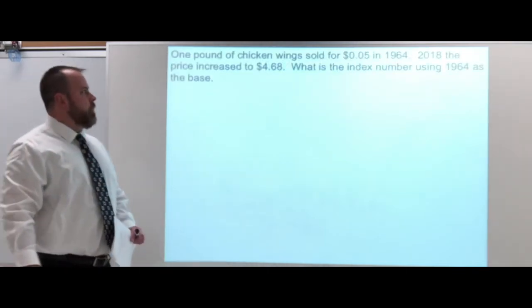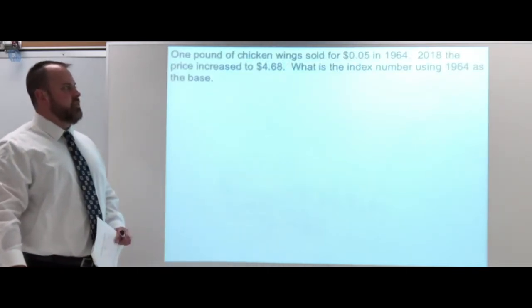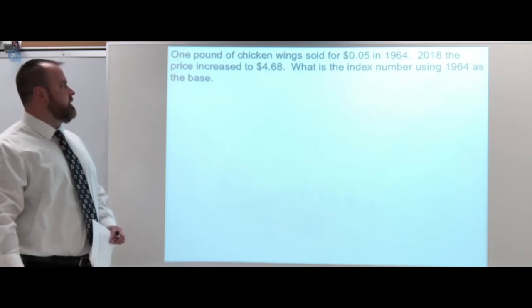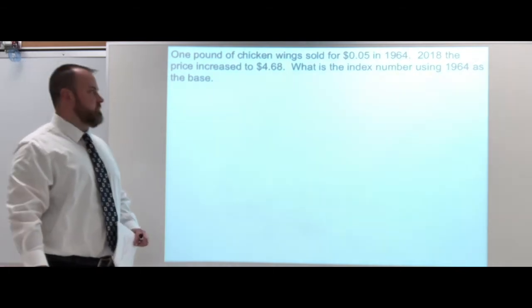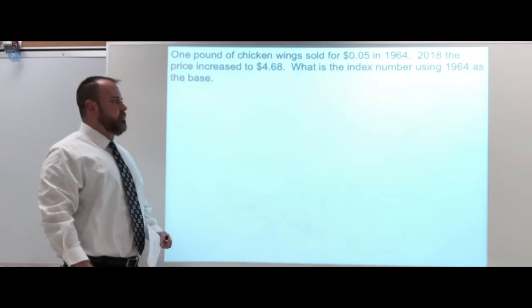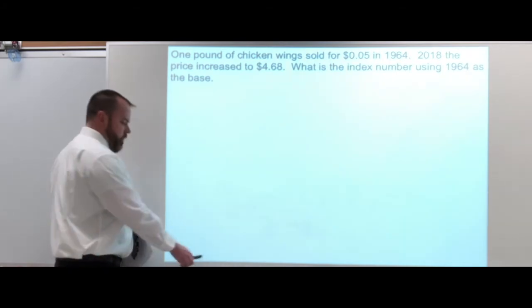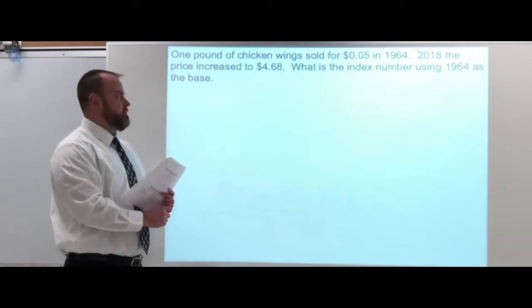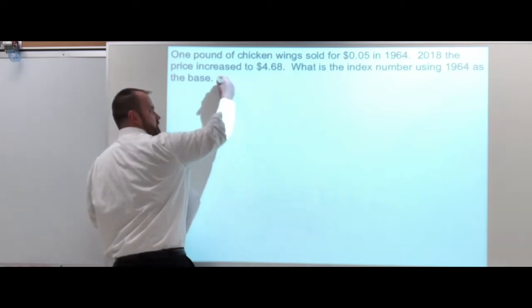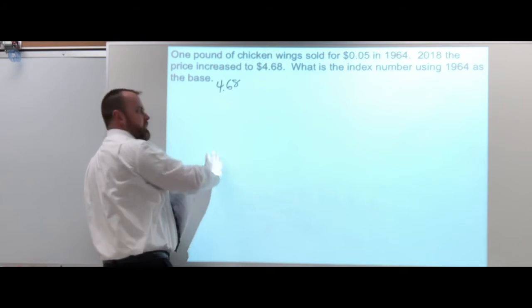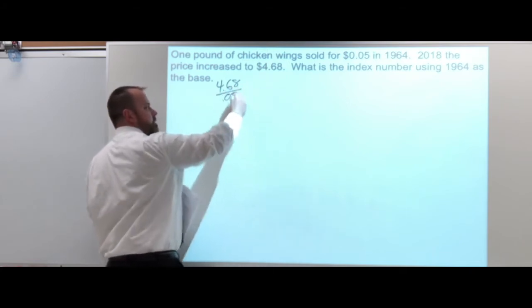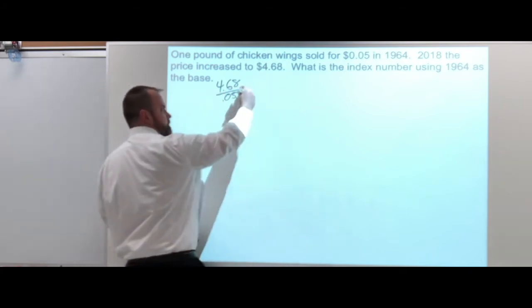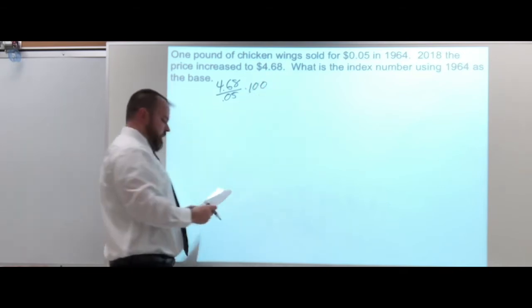One pound of chicken wings sold for 5 cents in 1964. In 2018, the price increased to $4.68. What is the index number using 1964 as the base? So again, the 1964 price is our base. So we're looking at $4.68 divided by 5 cents, our base, and we're multiplying by 100.